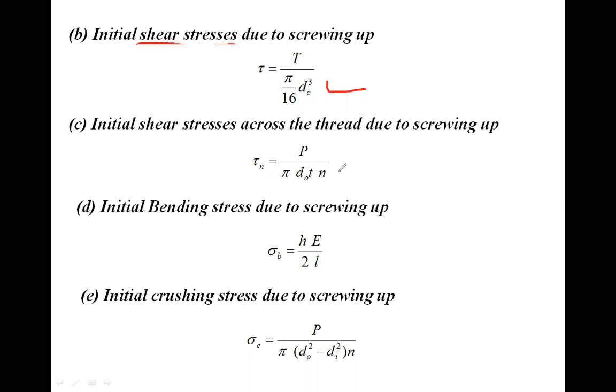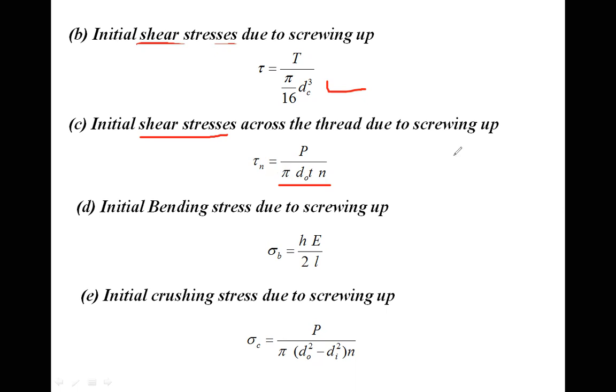If this particular force is going to shear out the thread, there is an initial shear stress across the thread. The thread area can be found by pi d0 t into n.